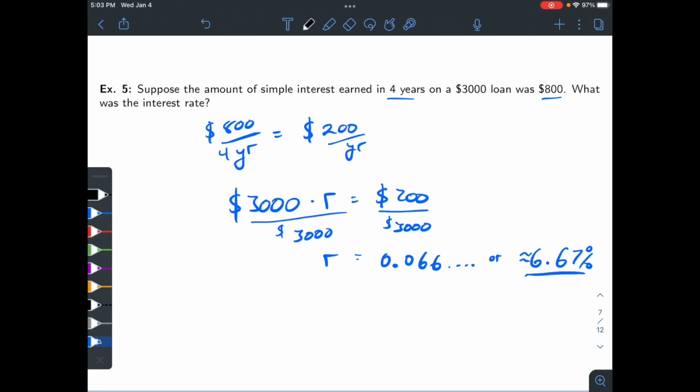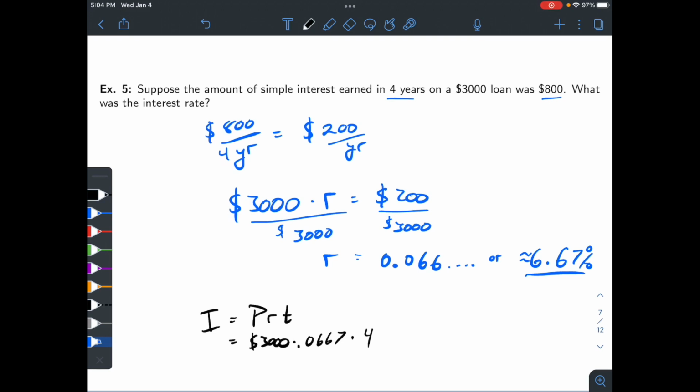And we could always check our answer if we wanted to. So interest is equal to P times R times T. P is 3,000. R is what we just figured out, 0.06 repeating, or 0.0667. And then T is equal to 4.